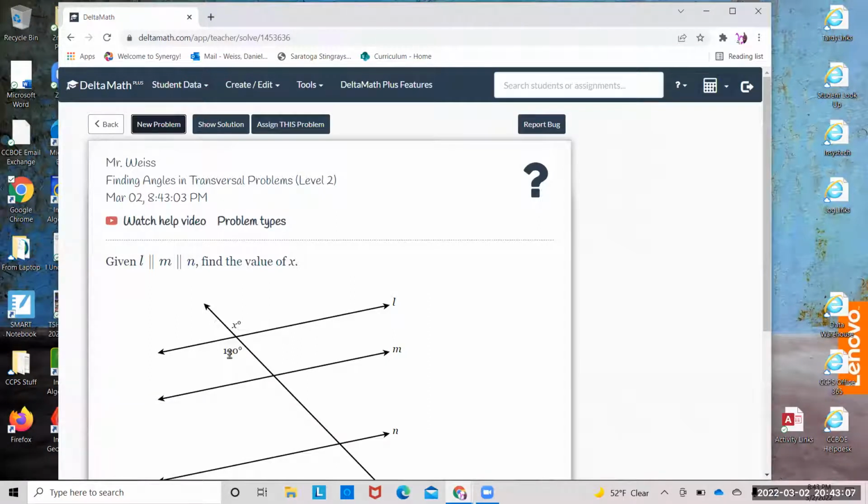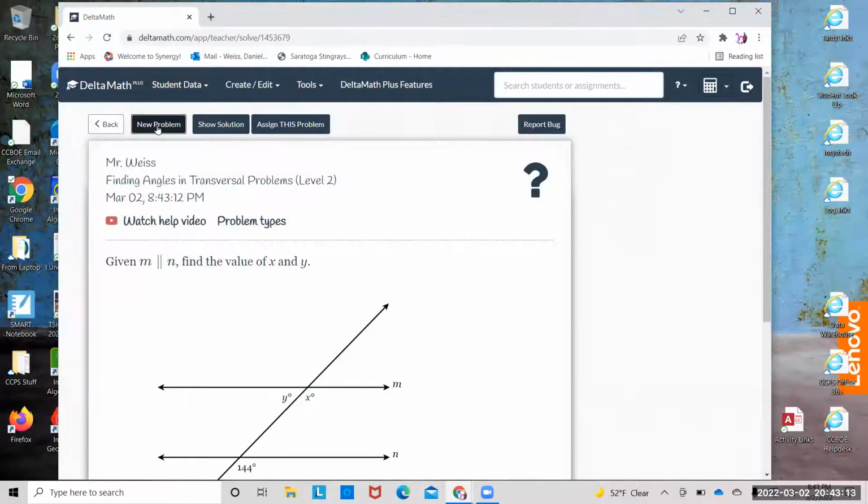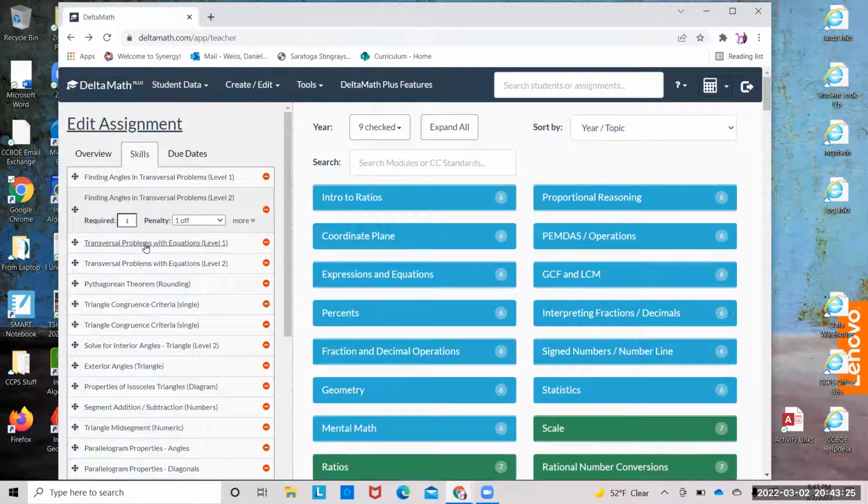Vertical angles, x is 130. Corresponding angles, x is 144, got to subtract 180 minus 144 to get y. Next.